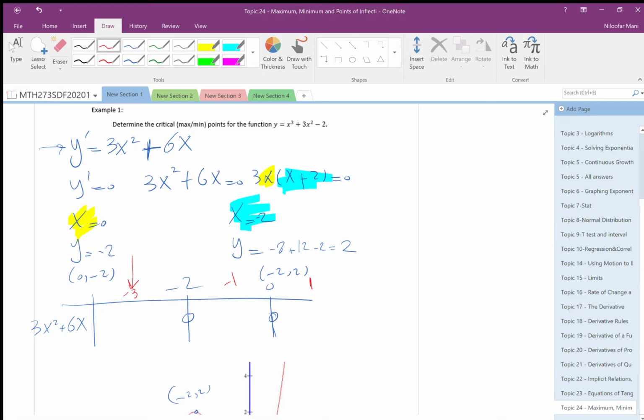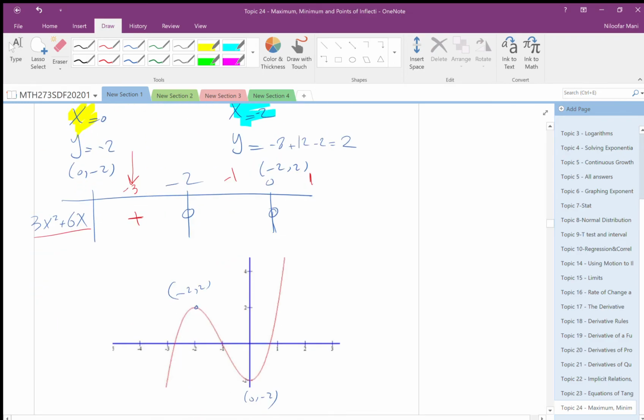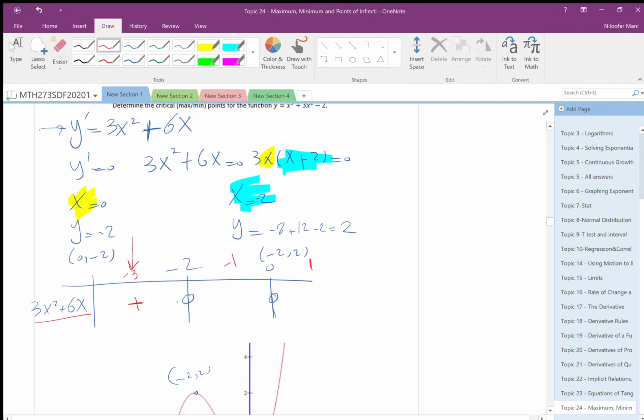If I put minus 3 here, I can see 3 multiplied by 9 minus 18 is positive, and it is increasing. If I put minus 1, I can see 3 plus minus 6 is negative, so it's going down, and then going up.